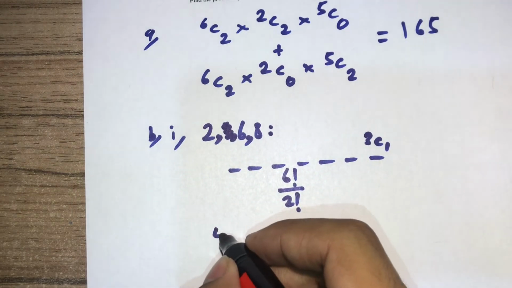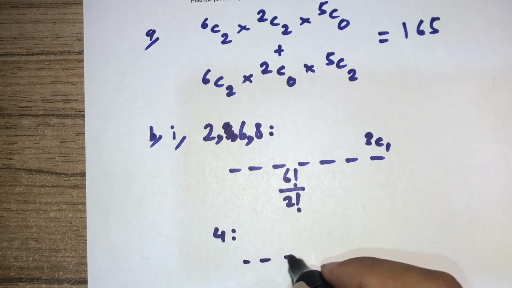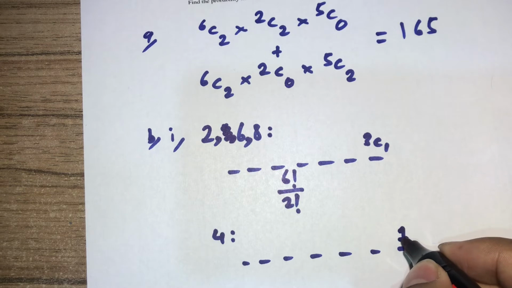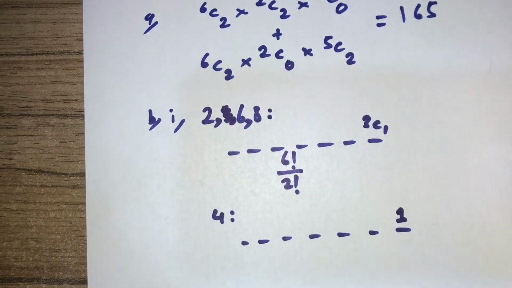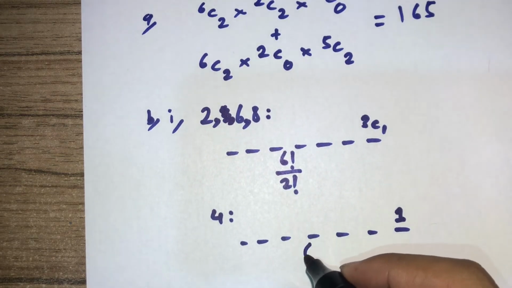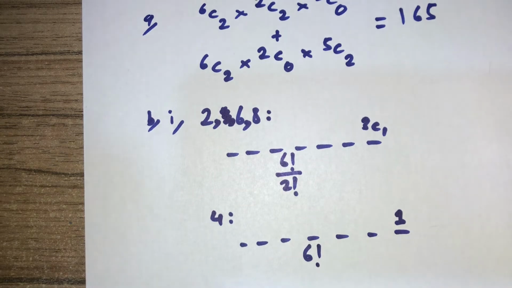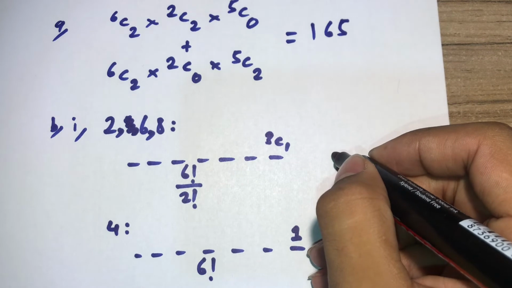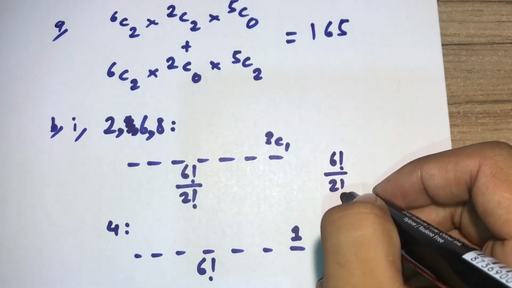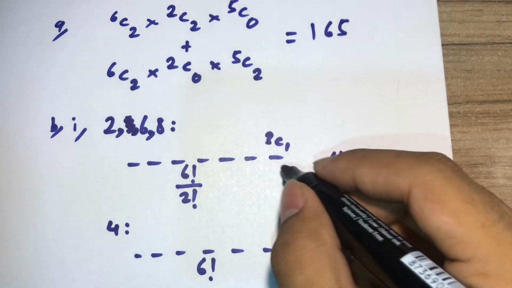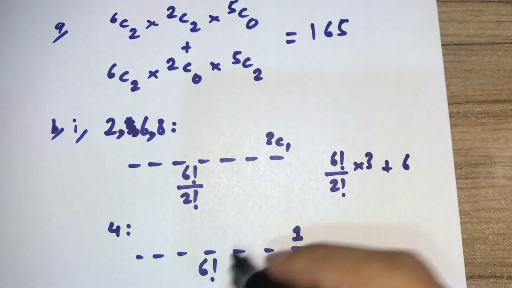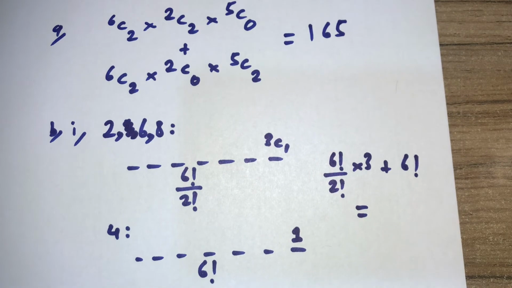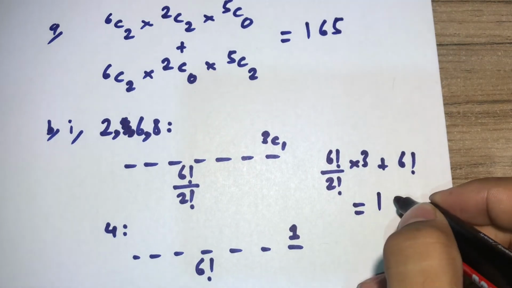Now if we take 4 as the last digit, the last digit has one possibility, and the rest of the 6 digits can be arranged using 6 factorial because over here there is no repetition. So for the total answer, we'll have 6 factorial upon 2 factorial times 3c1, which is 3, plus 6 factorial. So this will be equal to 1800.